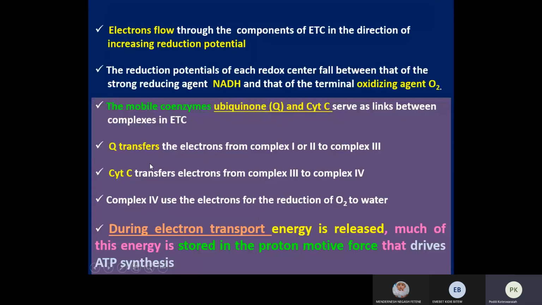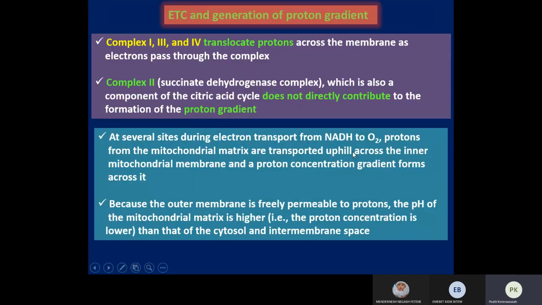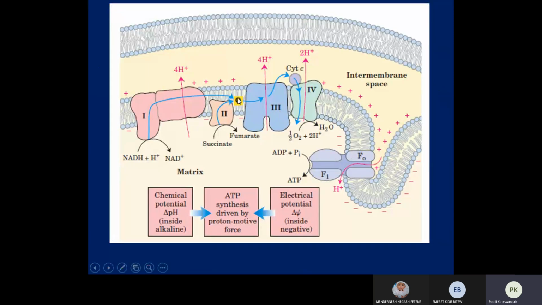Ubiquinone is a lipid soluble molecule, and it transfers the electrons from complex 1 or 2 to complex 3. You can see here in this diagram, this is ubiquinone. It can take electrons from either complex 1 or complex 2, and pass them on to complex 3.